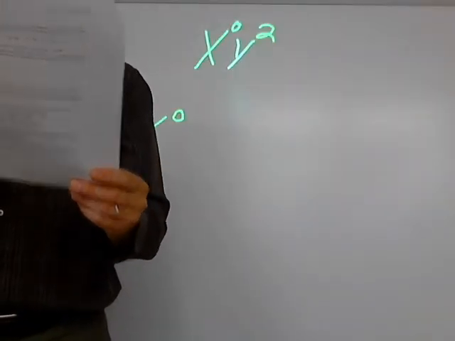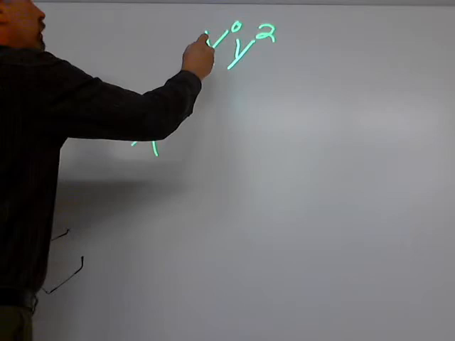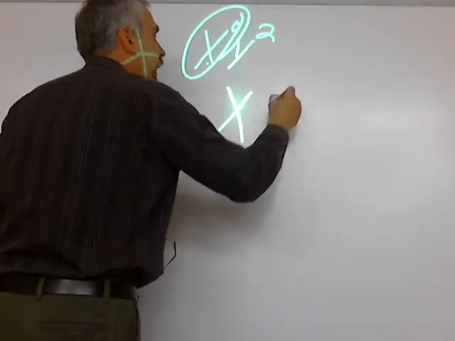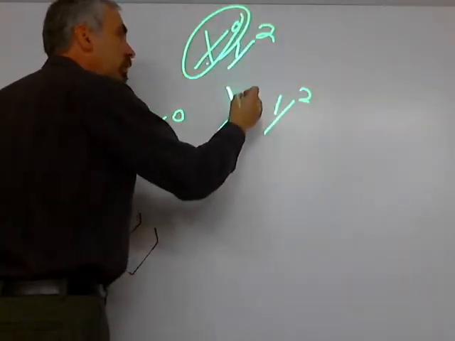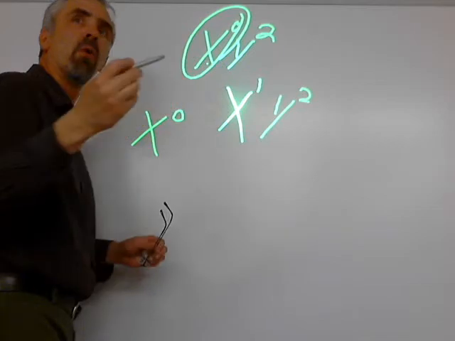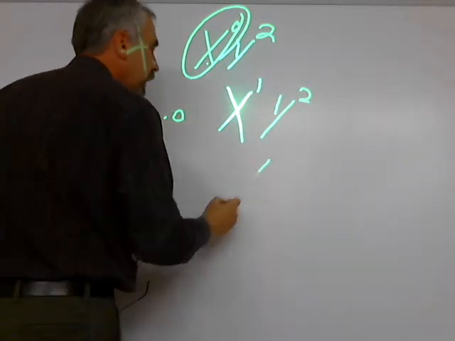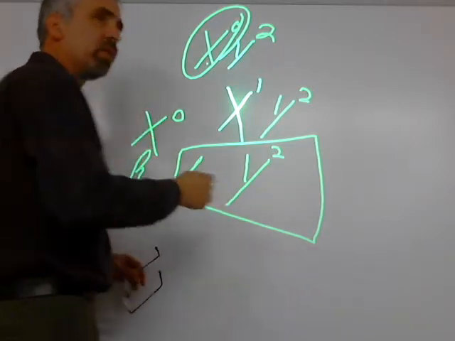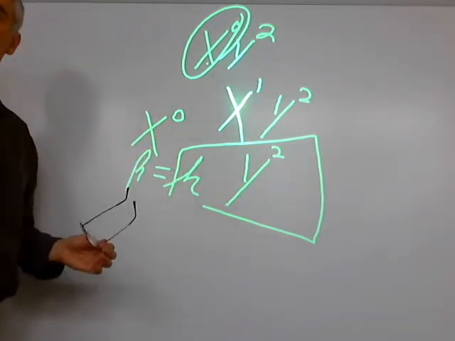What is the correct answer? B, because X to the 0 power does not need to be in there. XY squared is E, and that's wrong because that's implying a 1. He is not first order, he's 0 order. If somebody's 0 order, he doesn't even show up in the rate law expression. He's just Y to the 2nd power. So rate would equal k, Y to the 2nd power. That's all you would have to do.